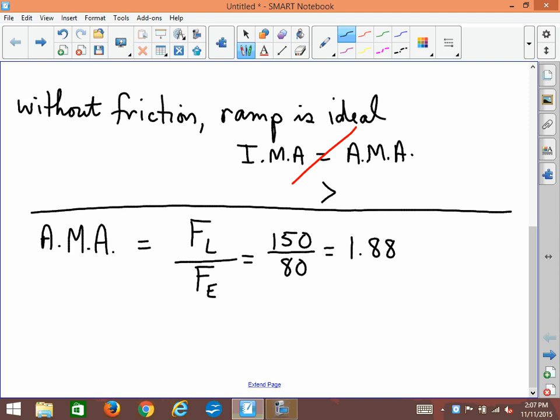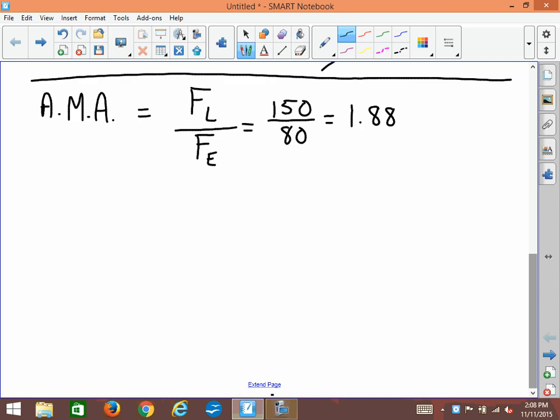So what that basically means is every newton that I push up the ramp with can lift 1.88 newtons. That's why it's an advantage. It allows me to lift 1.88 newtons with only 1 newton of force. And don't forget, the reason I can do that is because I'm going to push it a longer distance.